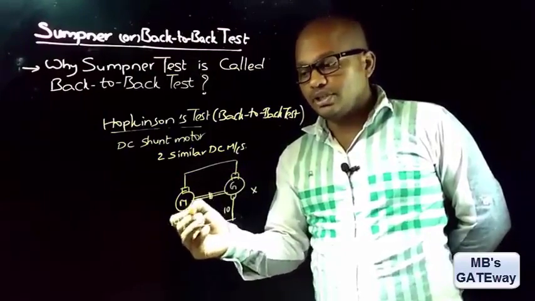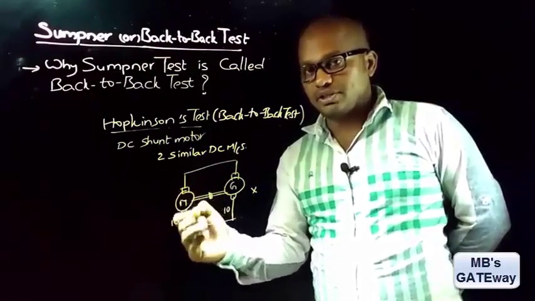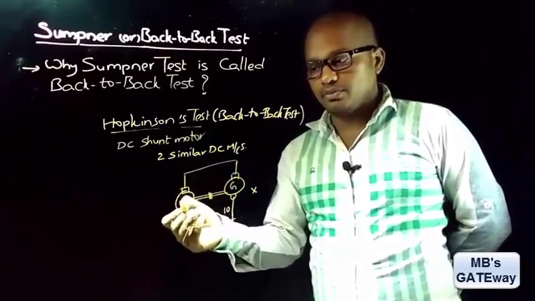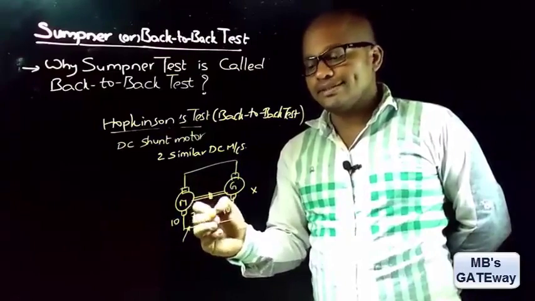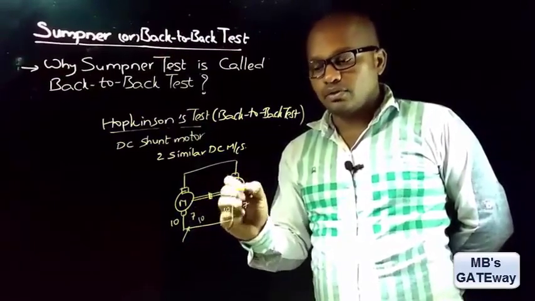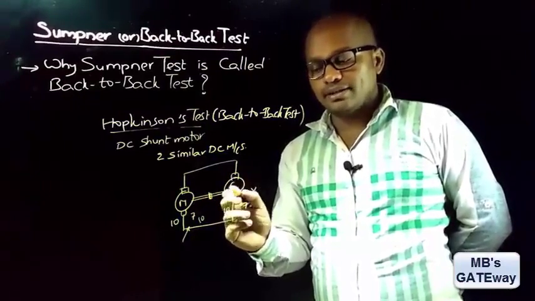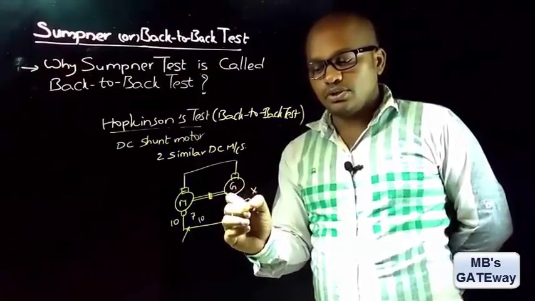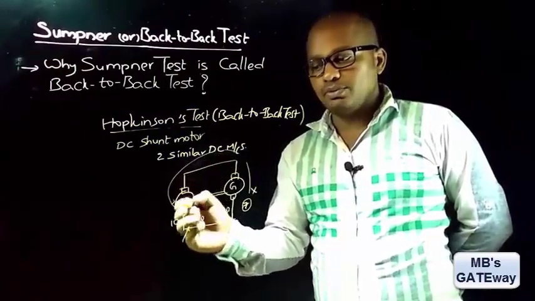That means we need to give the motor an input equal to the losses in that machine. Now, by giving the external input to the motor, let us suppose we get 10 as output. This 10 is given to the generator, and because of the losses in the generator we again get an output less than the input, and this output is not sufficient to give as input to the motor.